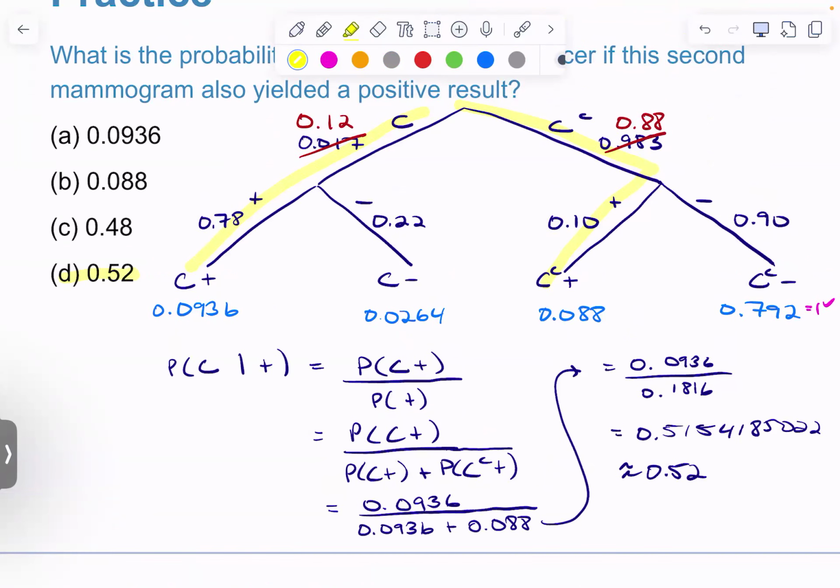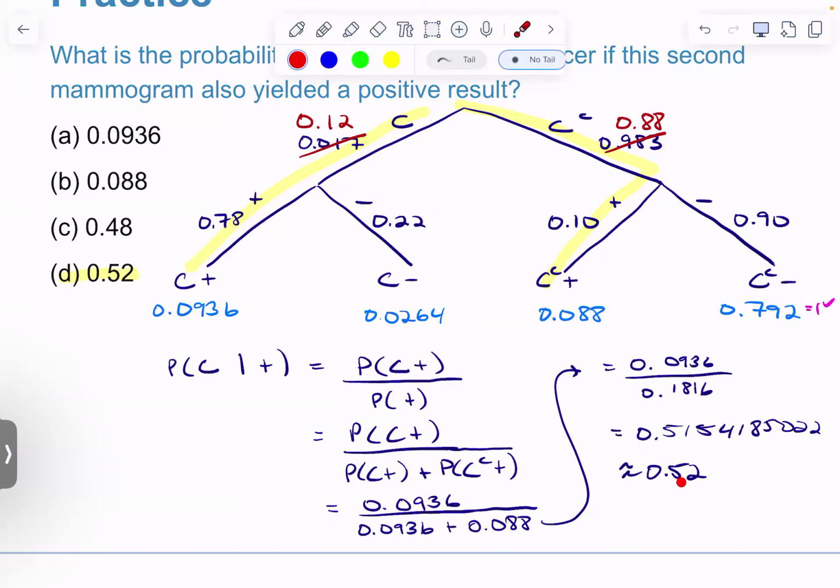Which speaks to the benefit of retesting, right? And it makes sense. If you get a test and you're not 100% sure of the results, you should test again. Then all of a sudden, now you've had 2 positive tests in a row, the probability is more than 50%. You can do it with a third test, just to be sure, which is probably what they do.